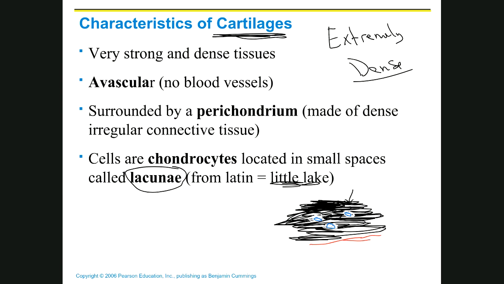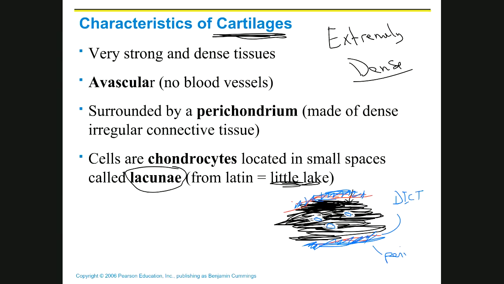The blood vessels are on the outside edge. They're in a connective tissue membrane that surrounds cartilage. And that membrane is called the perichondrium. Peri means around. It's made out of dense, irregular connective tissue, that thing we just talked about a second ago.